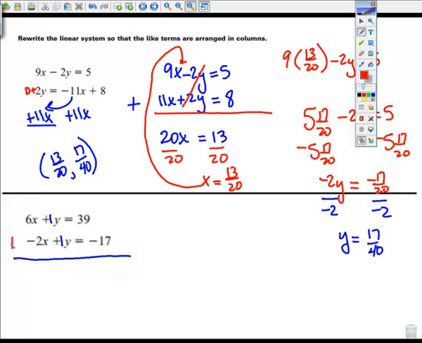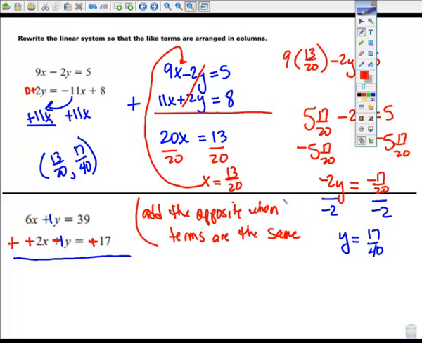So what I want you to do is add the opposite of all of these bottom terms, only the bottom terms. So you're going to add the opposite when terms are the same.